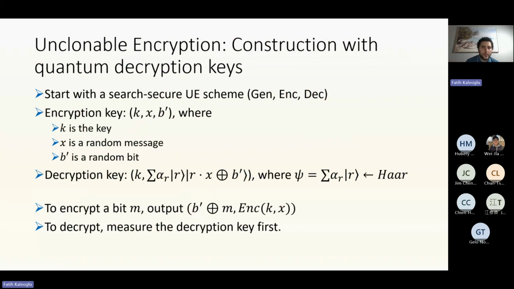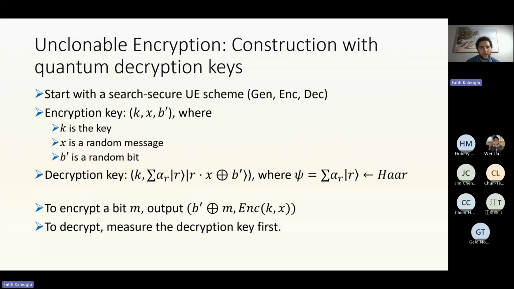So to circumvent this issue, our key idea is to make the decryption key a superposition over different Goldreich-Levin samples. So the construction is as follows. The encryption key consists of a secret key K for a search secure unclonable encryption scheme, which means if you encrypt a random message, it's hard to output the exact same message in both copies.